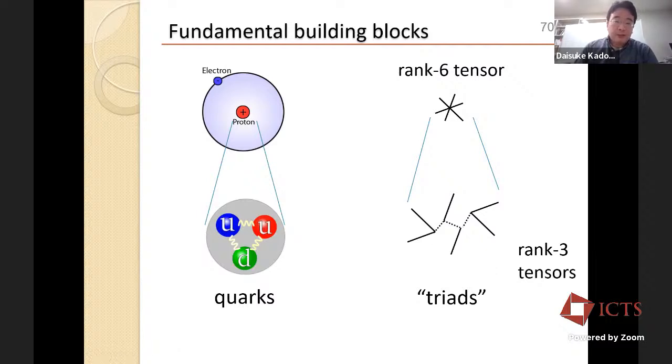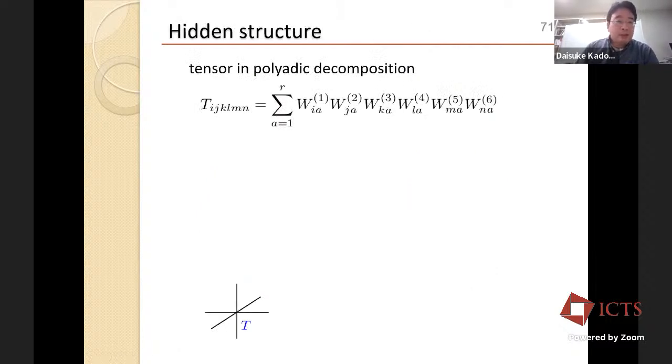Actually, the tensor which is obtained from a lattice theory takes this form. As I already mentioned several times in this lecture, the rank 6 tensor in 3 dimensions is made of 6 W's.